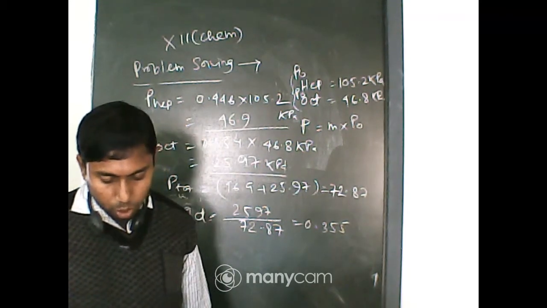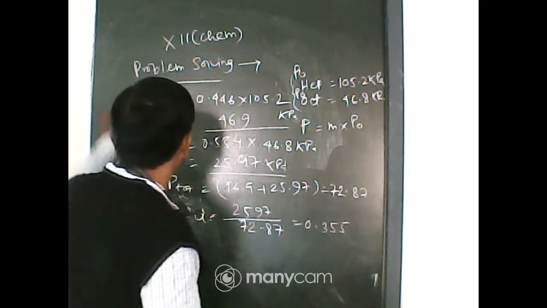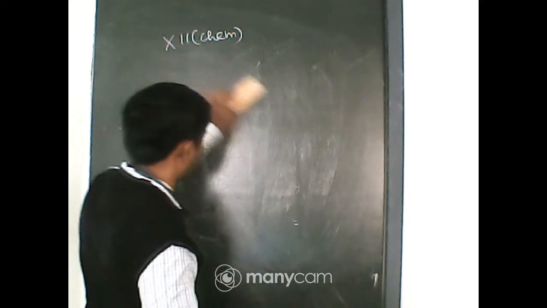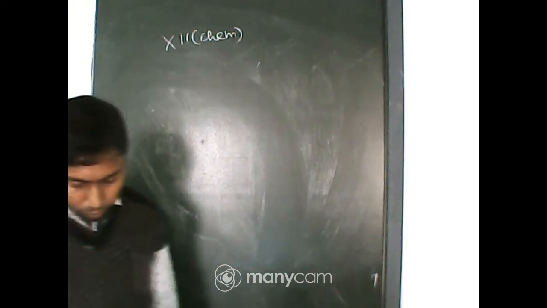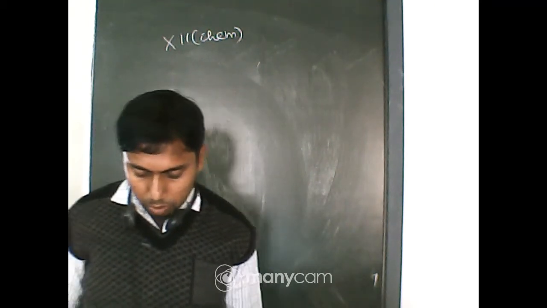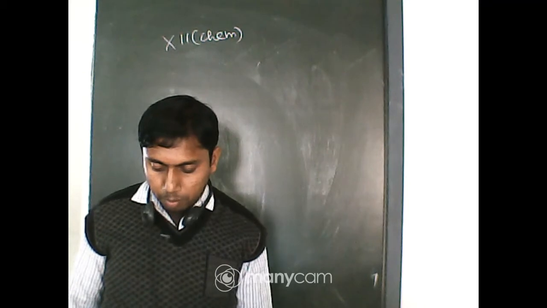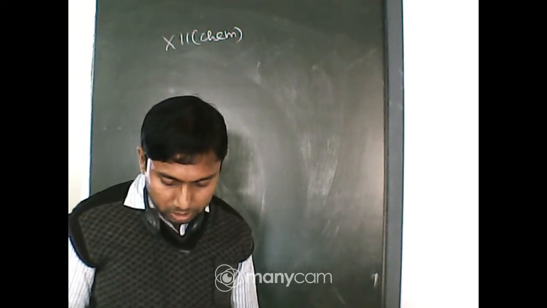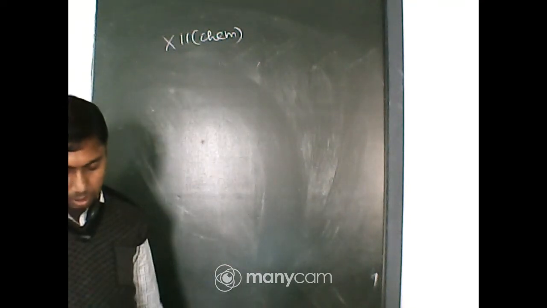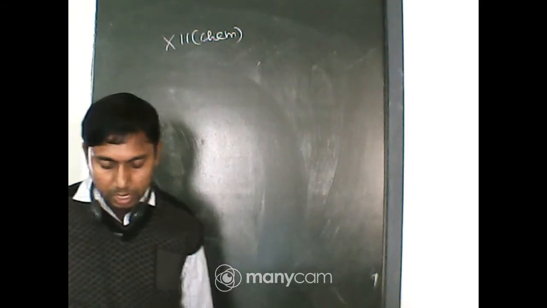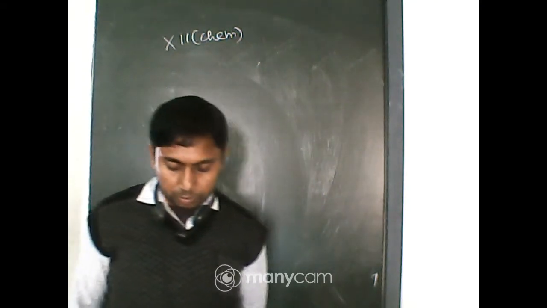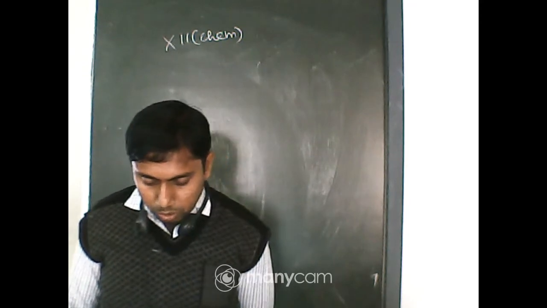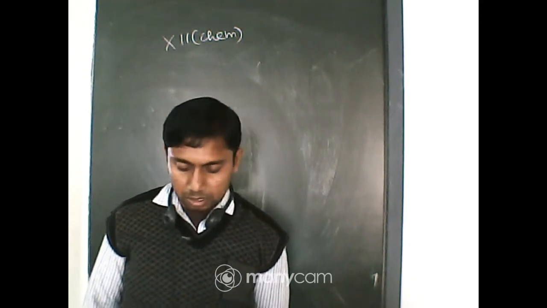Calculate the mass of a non-volatile solute whose molecular mass is 40 gram per mole that should be dissolved in 114 gram of octane to reduce its pressure by 80%.